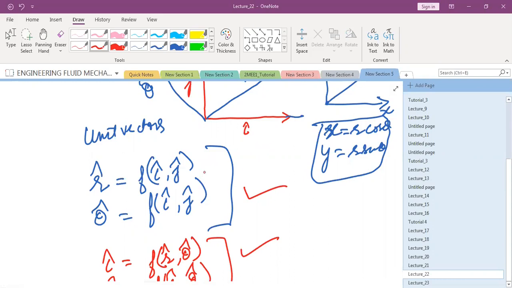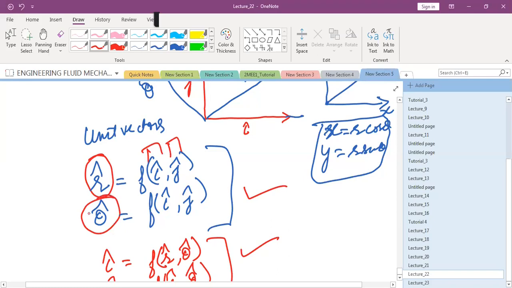Chirag, how will you do this? Yes, sir. I want to write down the unit vector along r direction in terms of i cap and j cap.